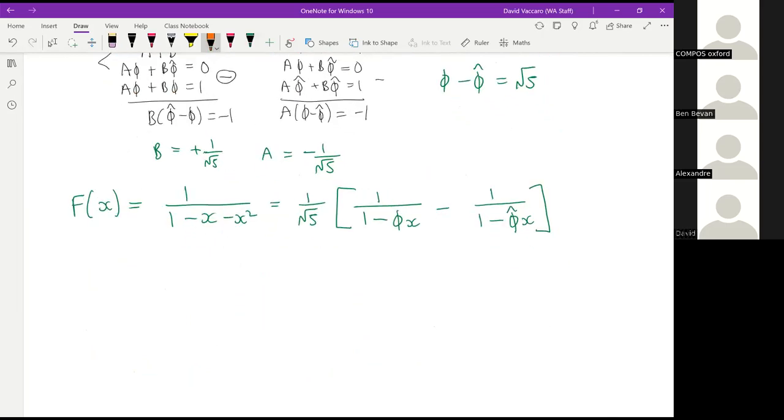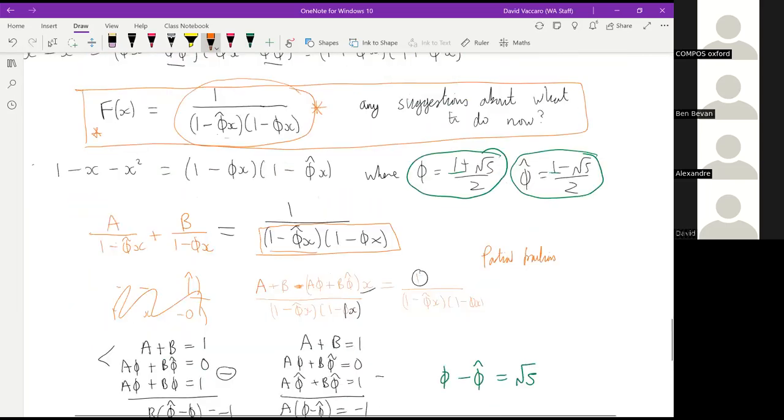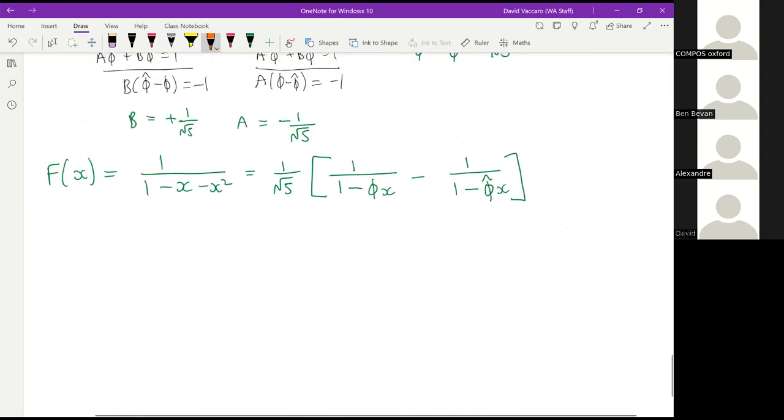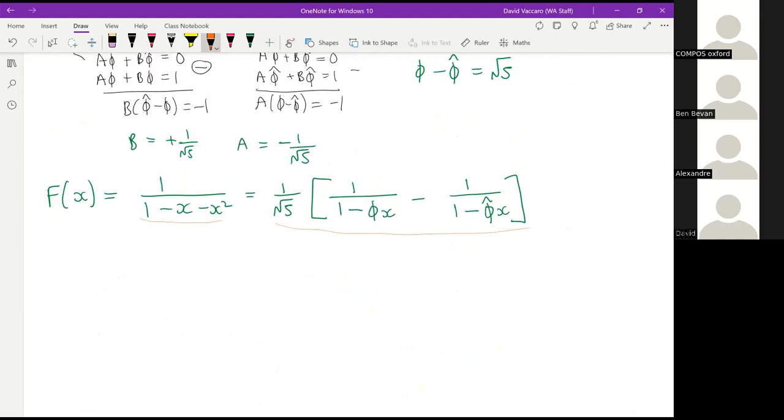This is just a little bit of algebra to play around with this function and split it into two parts.